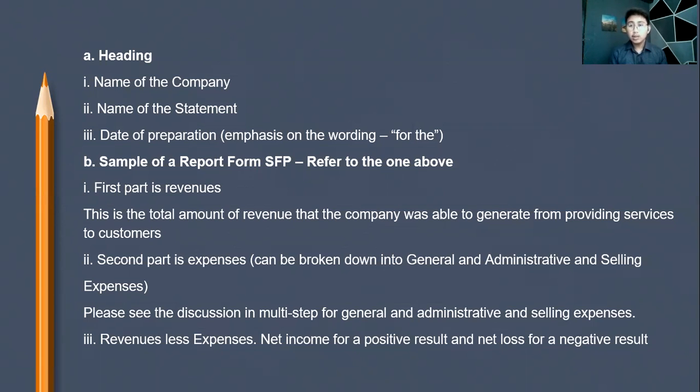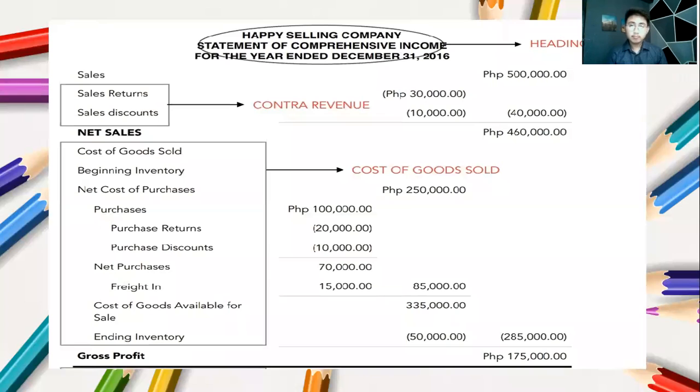Pero kapag net loss naman, negative result po siya. Ibig sabihin madami po tayong expenses at hindi po natin nabawi yung revenue na nakuha natin from that date. Okay? So ito po yung example natin ng comprehensive income.